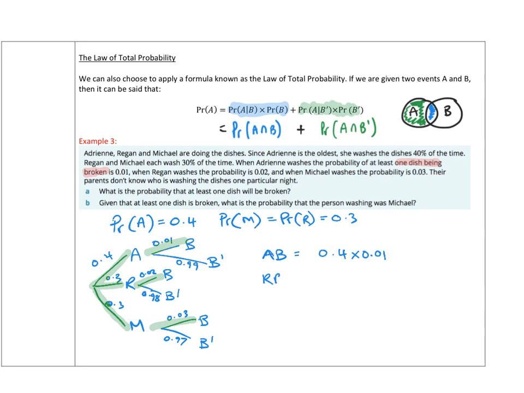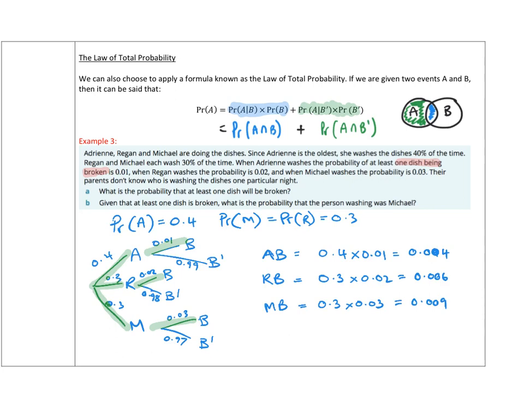We've got RB, which equals 0.3 times 0.02, and we've got MB, which equals 0.3 times 0.03. Now we use a calculator to find these out. The first one you might see by hand is actually 0.004. The next one is 0.006. And the last one is 0.009.